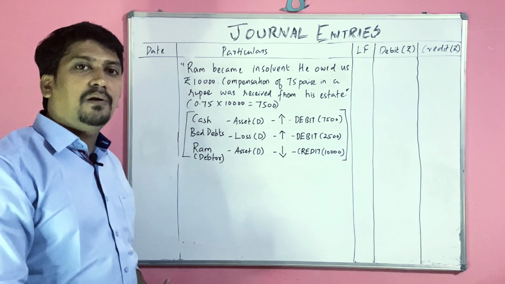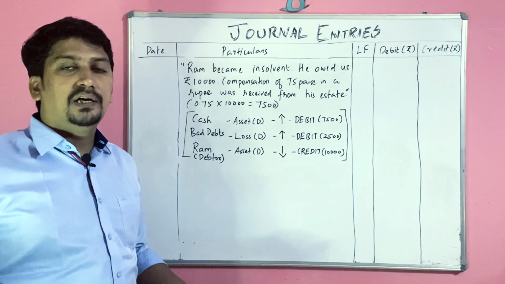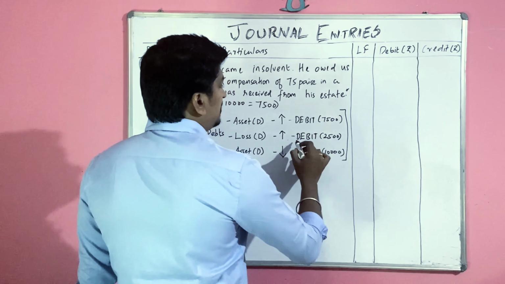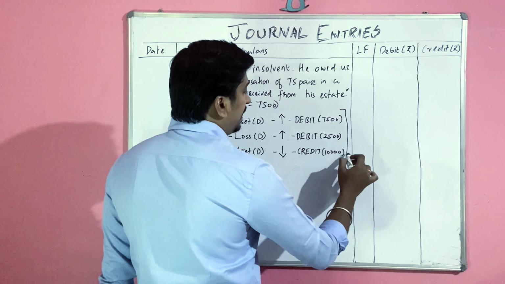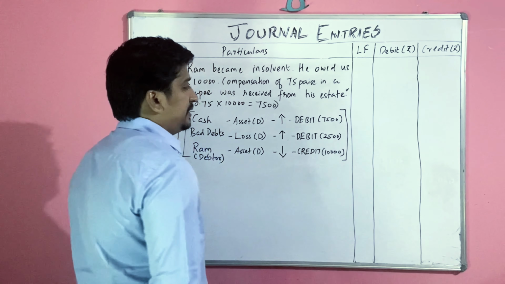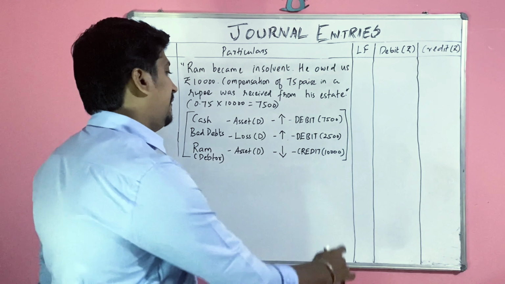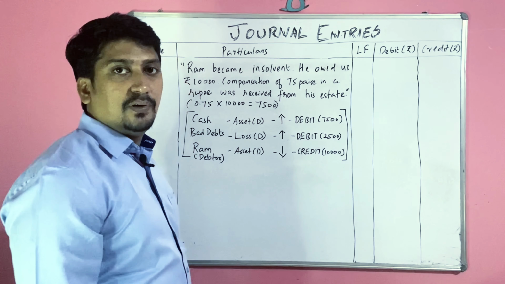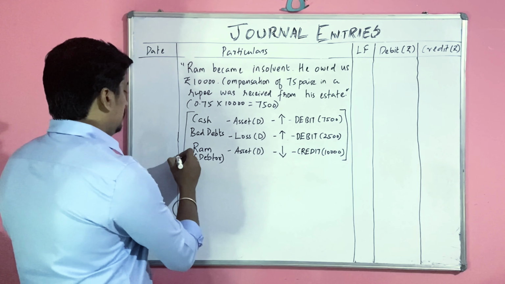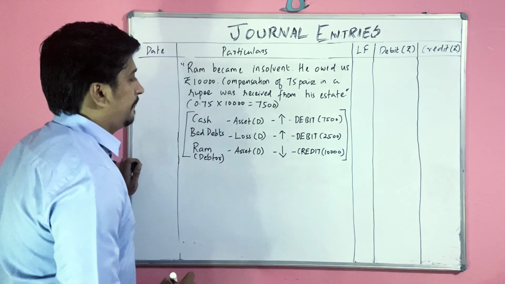We receive cash from Ram and we close the remaining value as bad debts. You see, there are two debits and one credit, but the value of total debits is equal to the credit. 7,500 plus 2,500 is equal to 10,000. Total debit must always be equal to total credit.